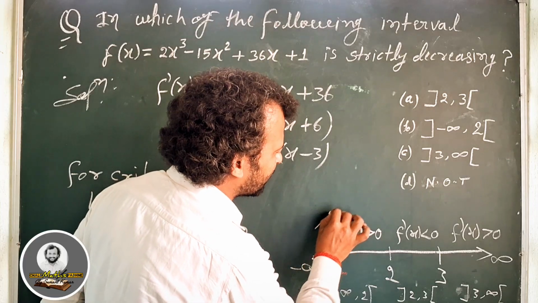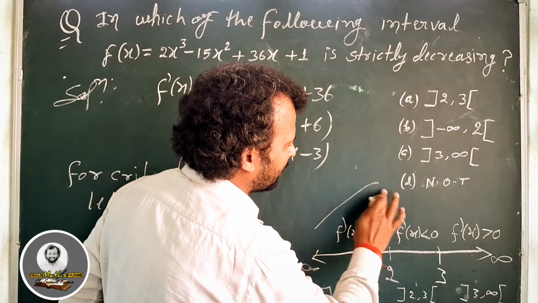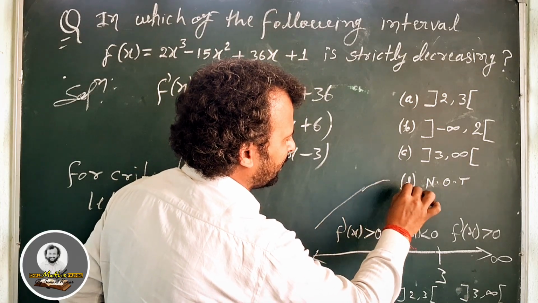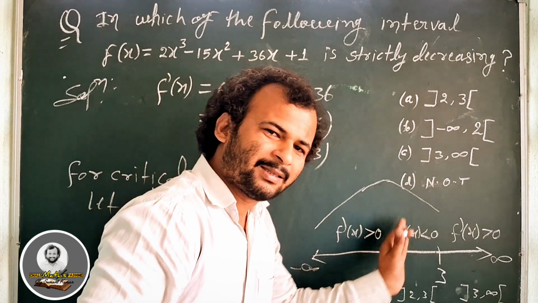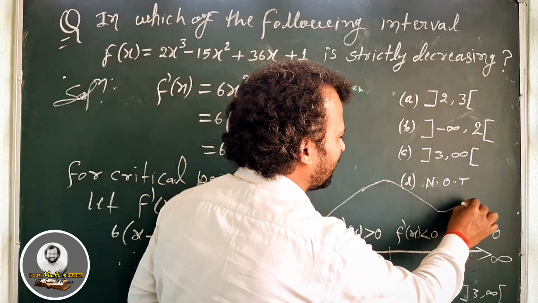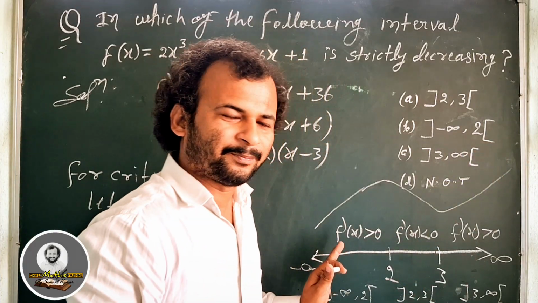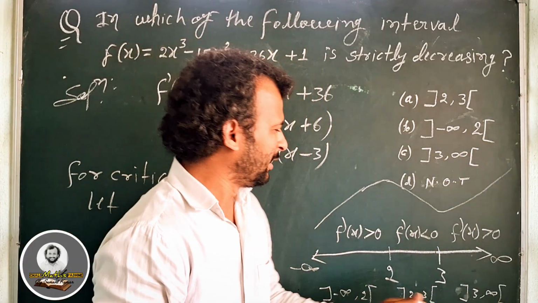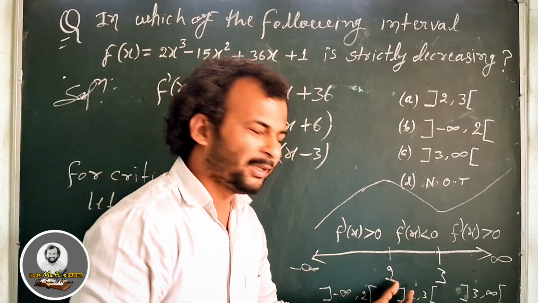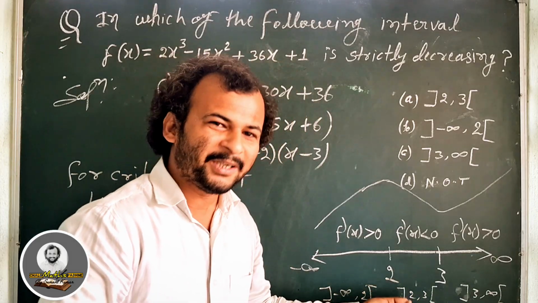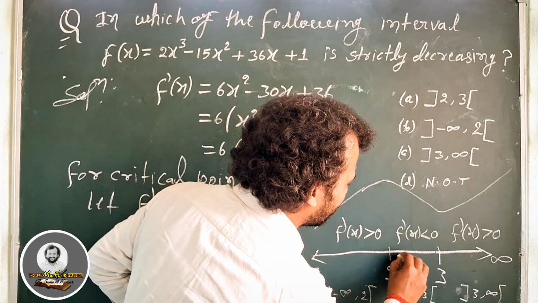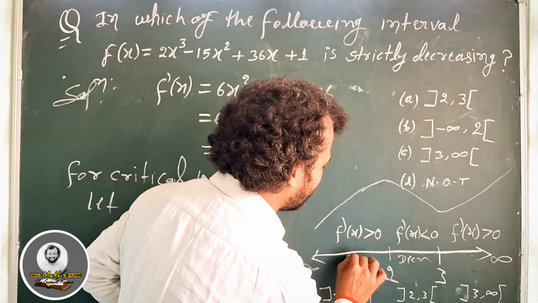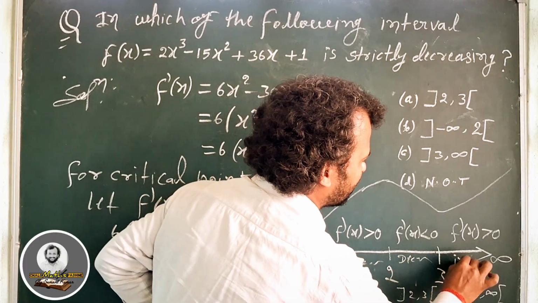Means here f(x) is increasing, and in this interval decreasing, because f dash x is less than 0, and in this interval increasing. Okay, means we can say that f(x) is decreasing in which interval? Open interval 2 to 3. Therefore here we write decreasing, here increasing, and here increasing.